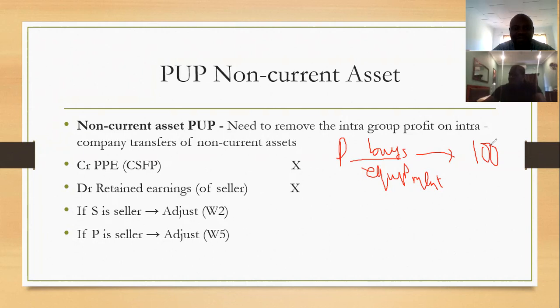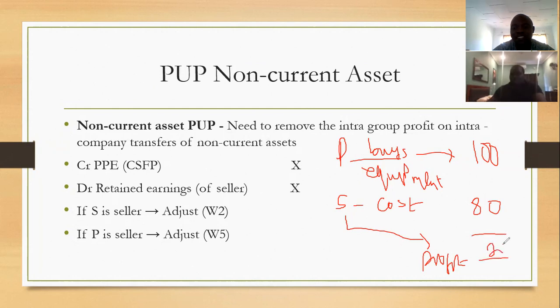Yet the subsidiary, the cost of this equipment was 80. So in the books of the subsidiary, it will record a 20 as a profit.